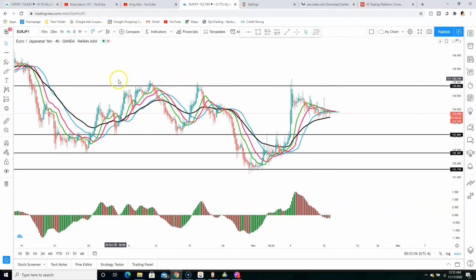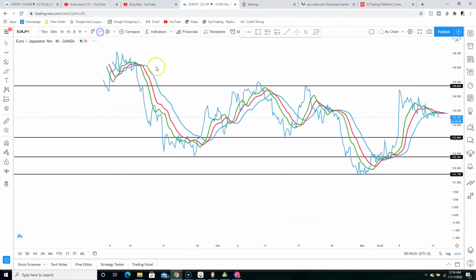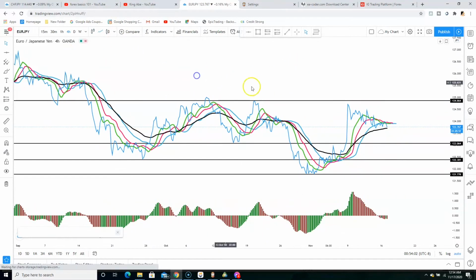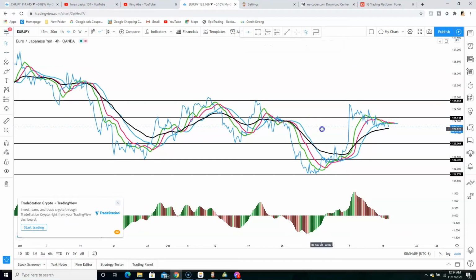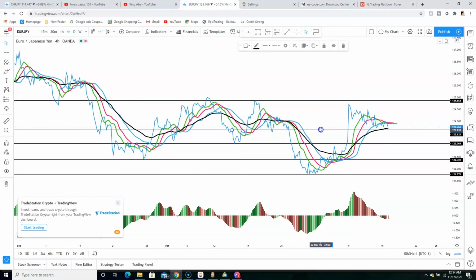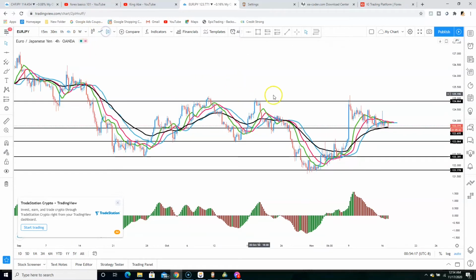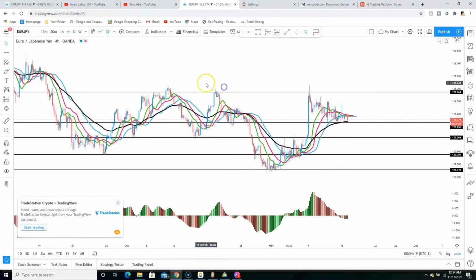I'm actually using Heikin Ashi right now. As you can see, price is actually consolidating over here. So we have another zone right there because we have multiple rejections, and the market is still open right now.